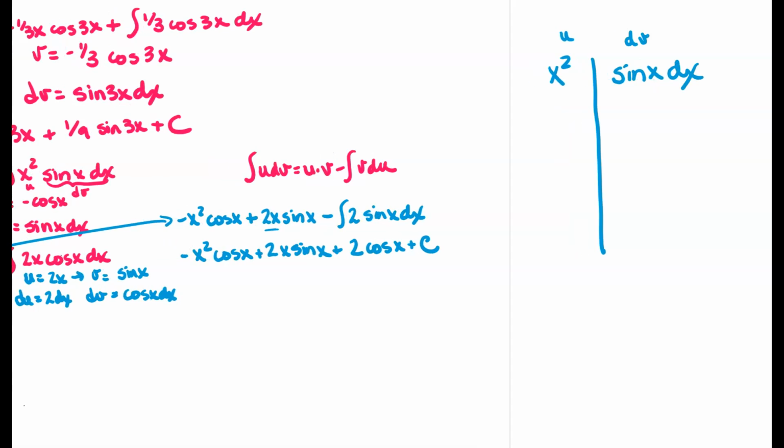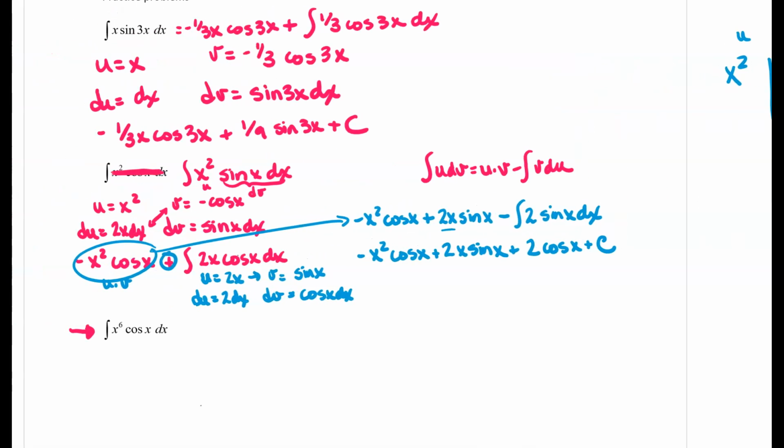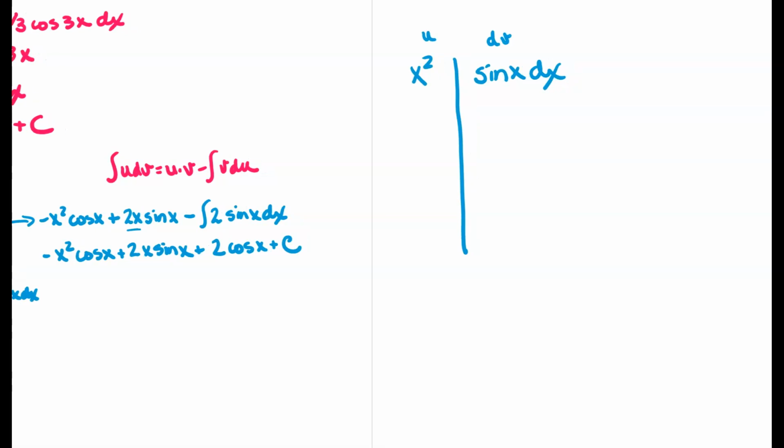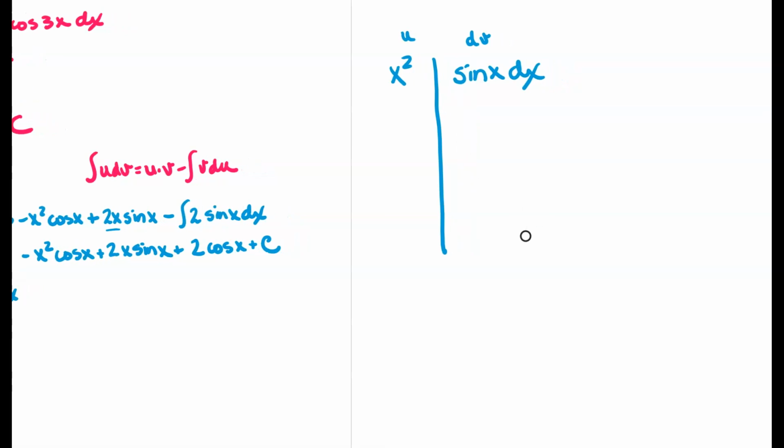Because from the way we set it up, that's my original u, and there's my original dv. Okay, so coming back over here, I want you to differentiate x squared till you get to 0. And so this is 2x, 2, and 0. And that's how I know that I've gone far enough.